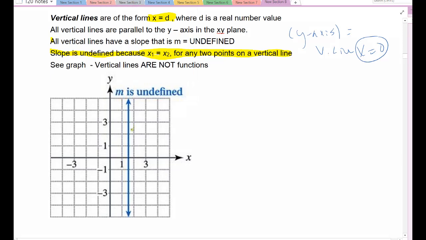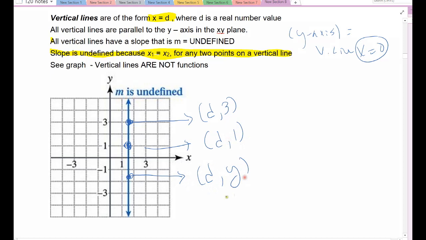So if I pick any two points on this line, the x value would be d, y value is 3 in that case, x value is d, y value would be 1 in that case. So again, any point on this line, x value is d, y can be anything, because I'm moving up and down, it can be anything between infinity and negative infinity. But x is d.